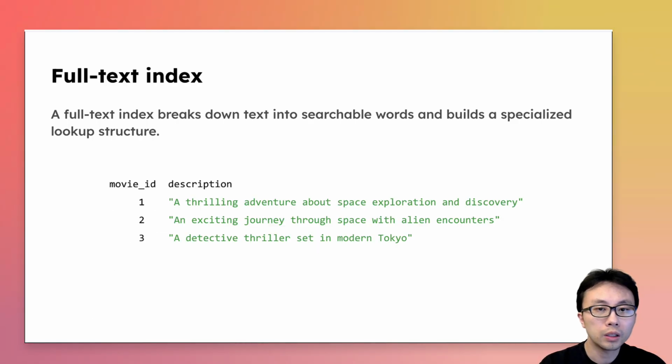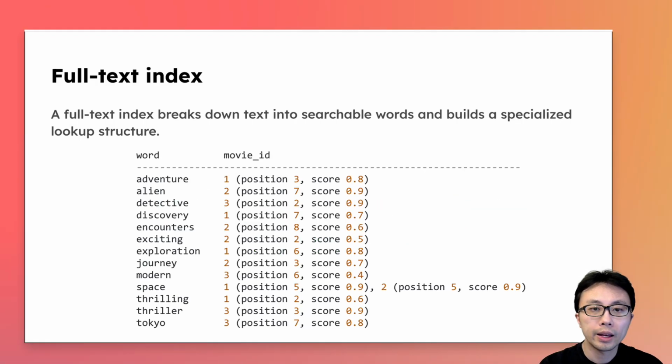Think about a movie table with 3 rows, and each row contains a description for the corresponding movie. When a full text index is created on this table, it will generate a structure that looks like this. As you can see, this structure stores the mapping from each word to the corresponding movie. You can think of this as flipping the original data, or say inverting the original data, which makes searching extremely fast.